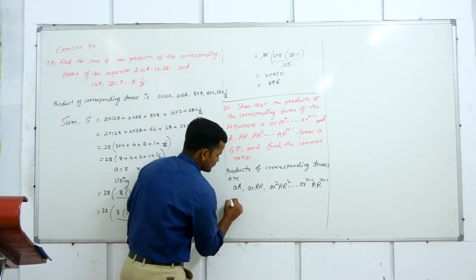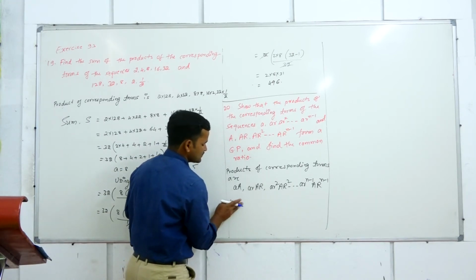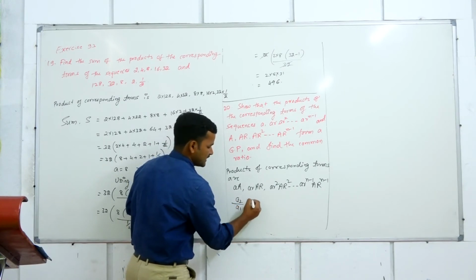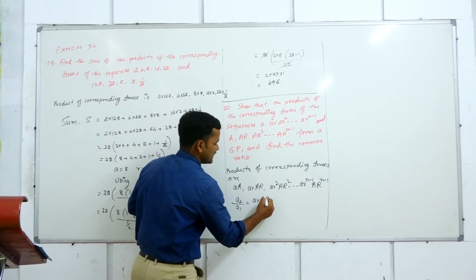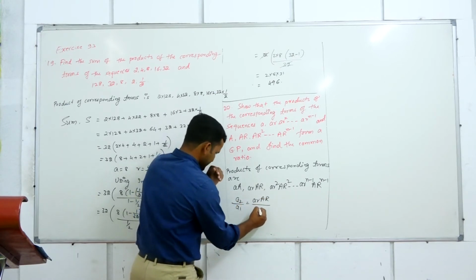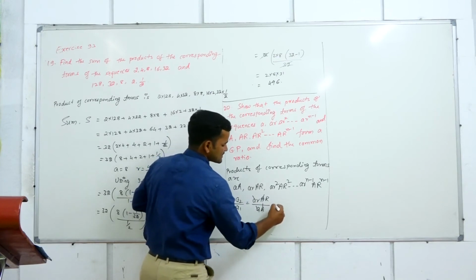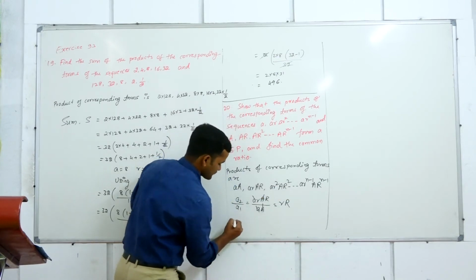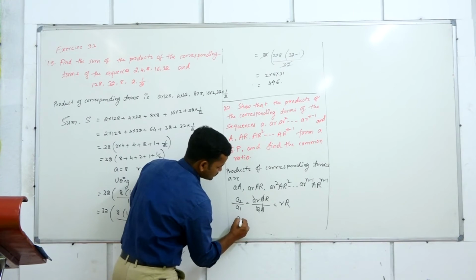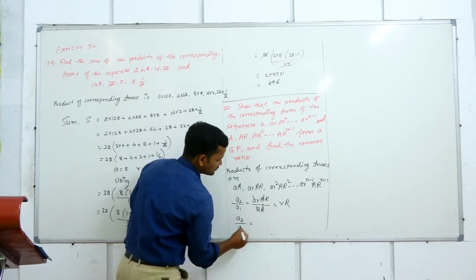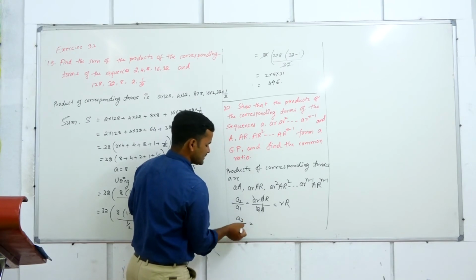You take the ratio between first two terms. R is equal to A2 by A1. A2 is AR into AR. A1 is A into A. This AA gets cancelled. We are left with R into R. Next, you take the ratio between third term and second term, that is A3 by A2.